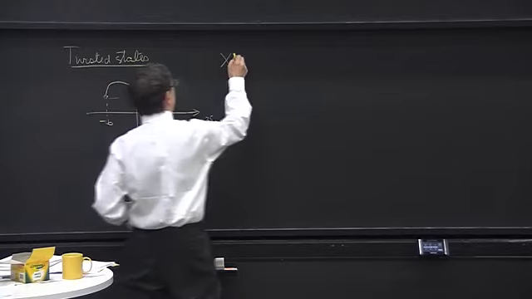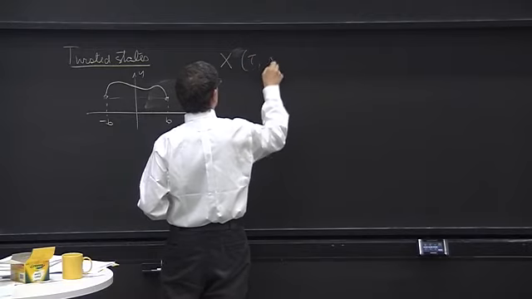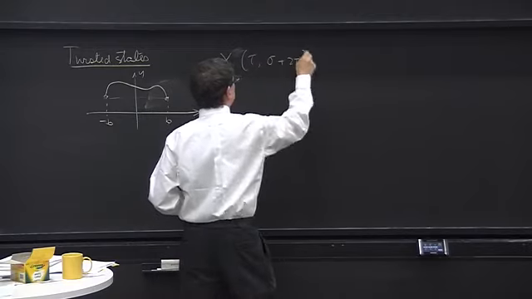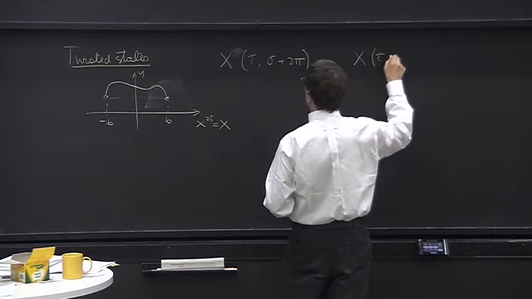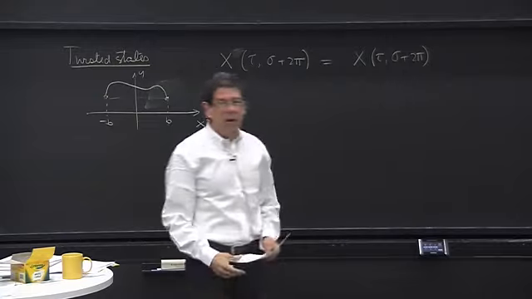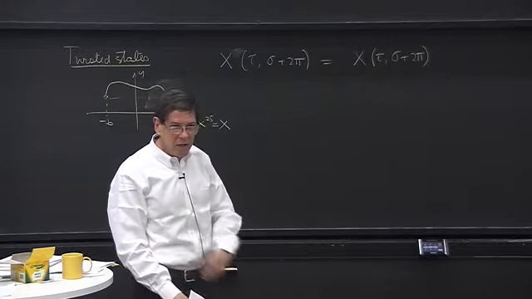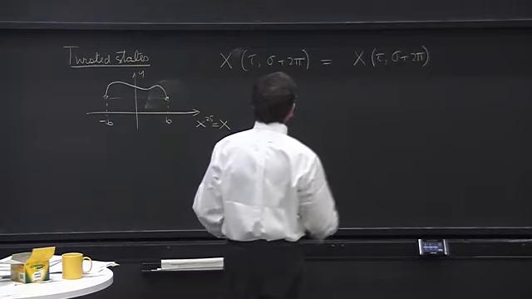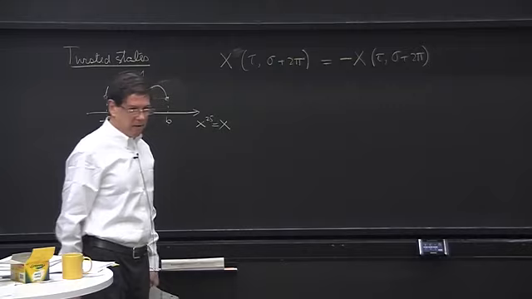So we said x25 of tau, sigma plus 2 pi. We used to say that it had to be equal to x of tau, sigma plus 2 pi, and that's indeed true, and we got all the states that satisfy this boundary condition. But now, this is an equally good closed string.